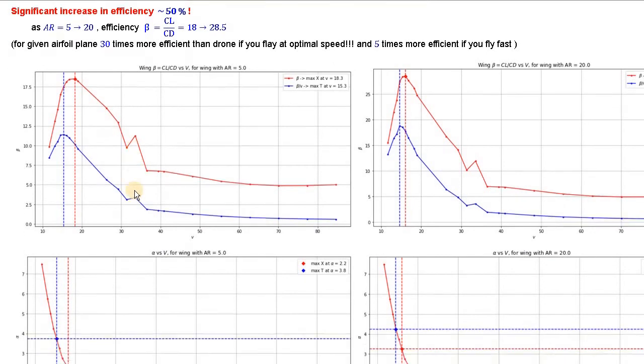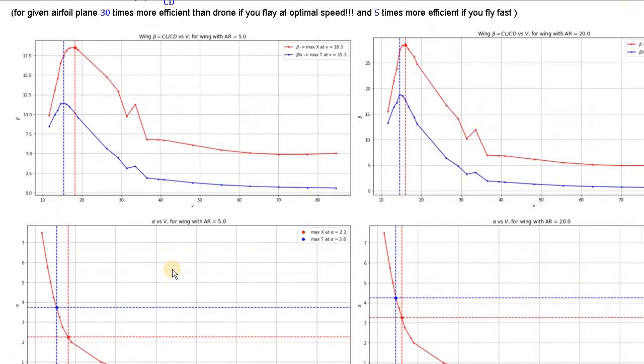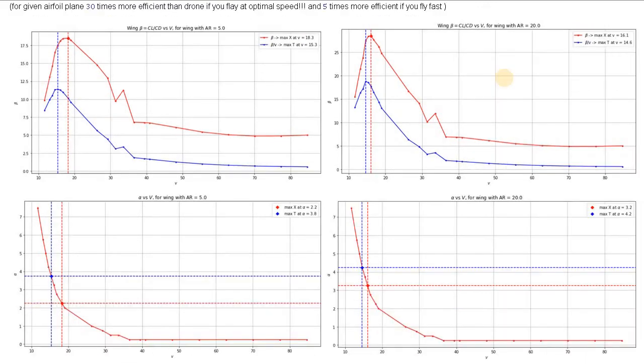And what we can do, we can also plot those graphs side by side, so that we can compare the results. So here is the wing with aspect ratio 5, and here is the wing with aspect ratio 20. And we see now that for the long wing we need a smaller speed to operate at the optimal point.